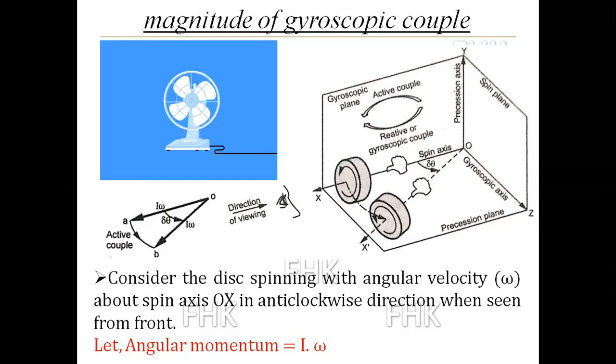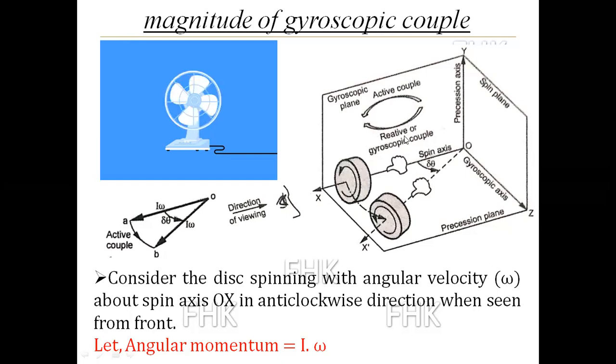So first we find the active couple, and then the magnitude will be the same for the reactive couple, and we find its direction. As per the data given in the problem statement, we have to find the magnitude and direction of the reactive couple, because in a gyroscope, the active couple is not working; the reactive couple is working.